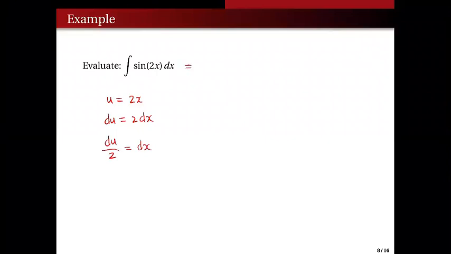And therefore, with this substitution, we'll just have the integral of sine u, and then the dx becomes du over 2. Again, this is just a constant. We can bring it out. So you have 1/2. And this time, the integral of sine u with respect to u is negative cosine u, and then plus the arbitrary constant c.